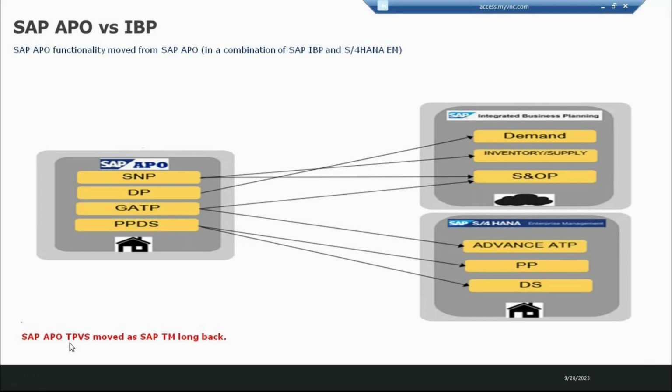Long back, SAP made it into SAP TM. So after 2028, you won't find anything called APO. The planning-related functionality they have given as new software, IBP, and other things they have already migrated into S/4HANA and SAP TM.